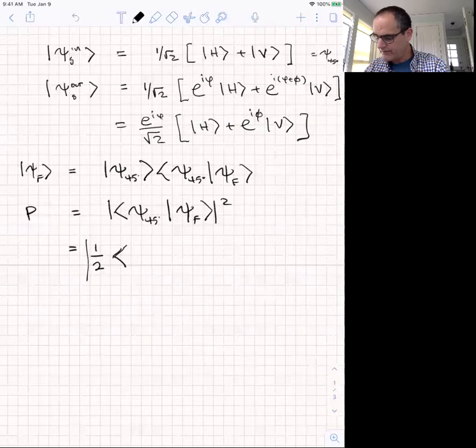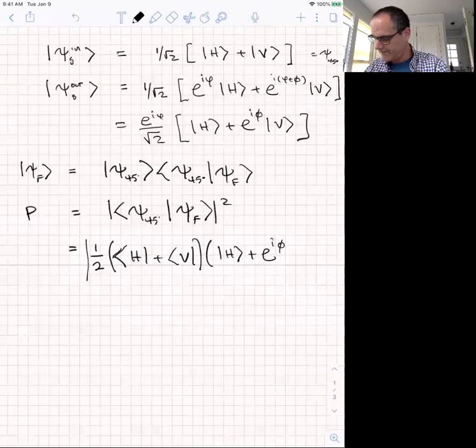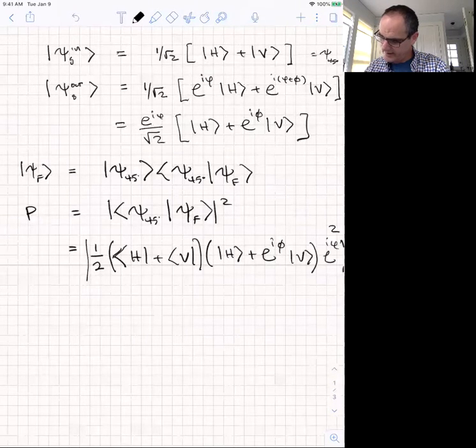For psi 45, we have this. And for the new state, we have H plus e to the i phi V. Oh, and then we have this overall factor, e to the i phi. And then the whole thing is squared. I'm sorry, I ran out of room there.